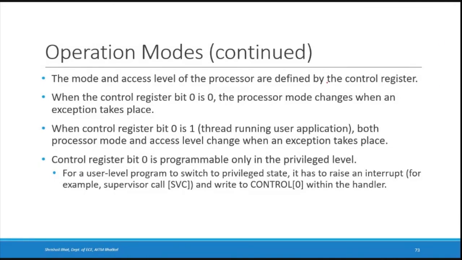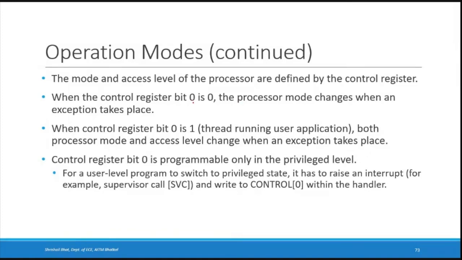Thread running user application. Both processor mode and access level change when an exception takes place. So when an exception takes place, the mode will change from thread mode to handler mode, and even the access level will change from user level access to privileged access.